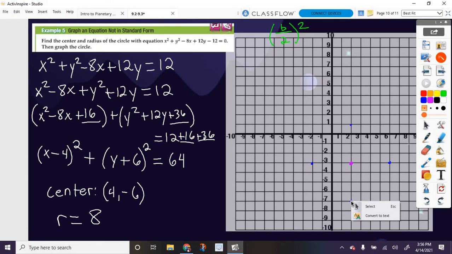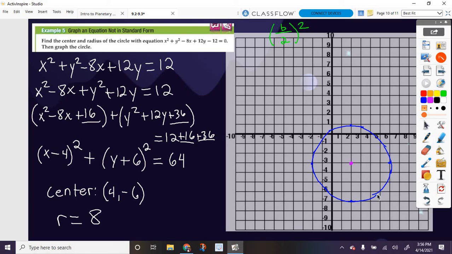And then I'm going to draw in as best as I can our circle. And that would be our graphed circle.